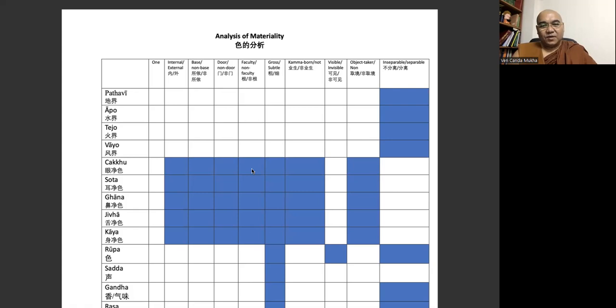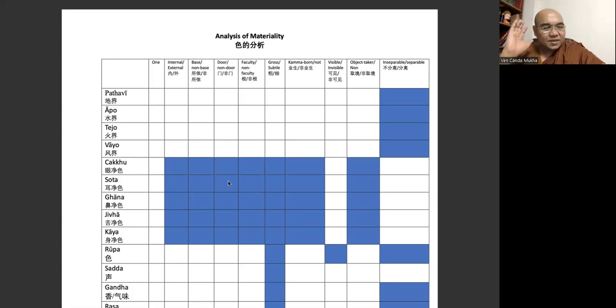In the area of the eye, in the domain of the eye, the eye sensitivity has controlling power. But the eye sensitivity does not have controlling power in the ear door.